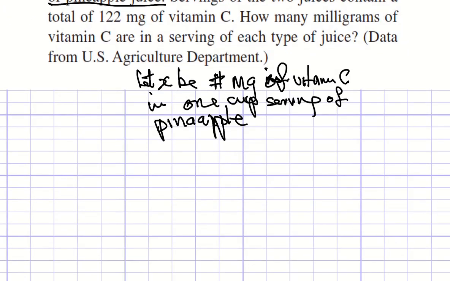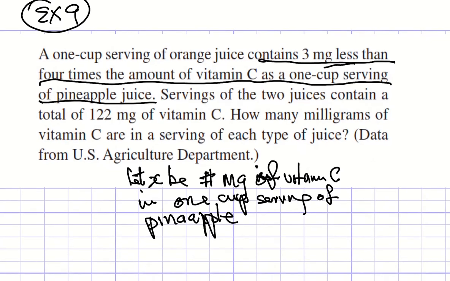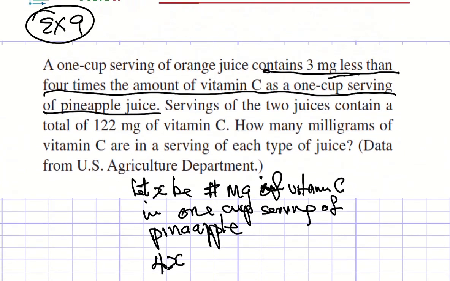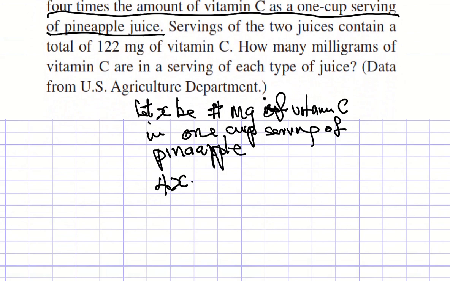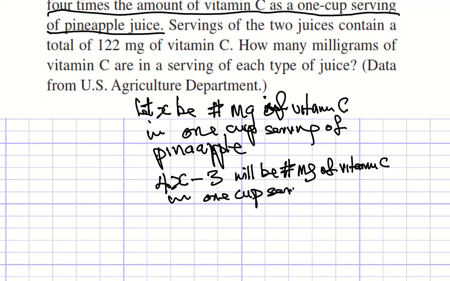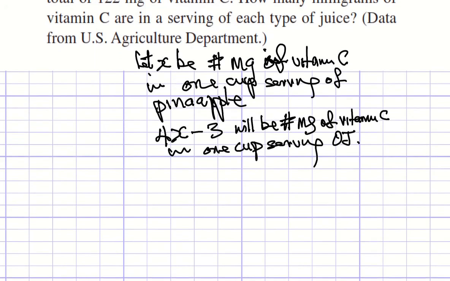So 4 times the amount would be 4x, and 3 mg less would be 4x minus 3. That is the number of mg of vitamin C in a 1 cup serving of orange juice, OJ.